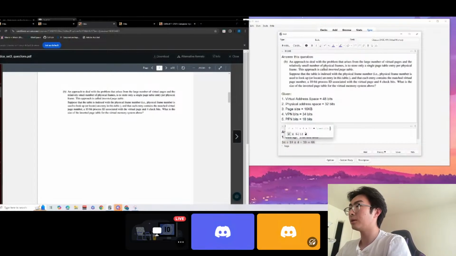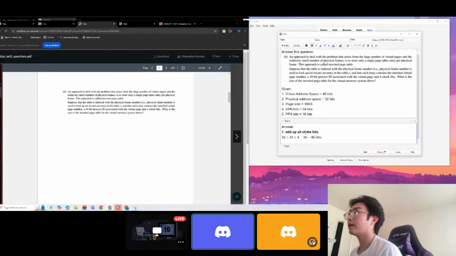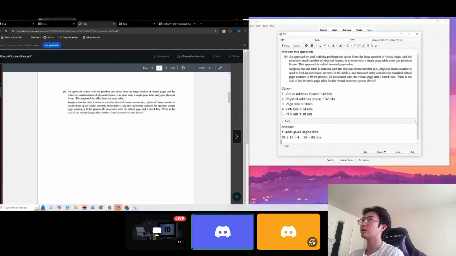66 bits. Okay, what I might think we also need to do is multiply this by 2 to the 18. Okay, so this is the row, right? How many rows? So each row is going to take 66 bits. But how many rows do we actually have? I think we would need to multiply that by 2 to the 18.